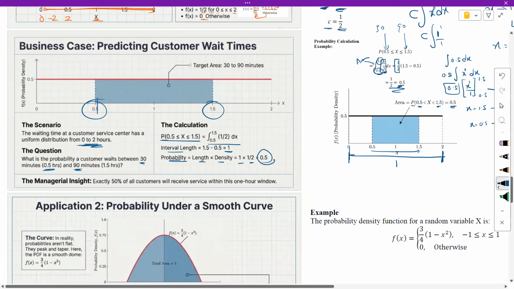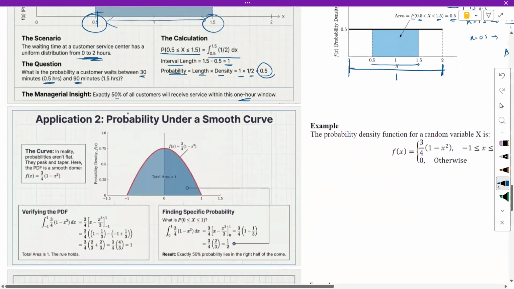So there are 0.5. The manager insight: exactly 50% of all customers will receive service within 1 hour. It means waiting half an hour to 1.5 hours, so it's 1 hour.